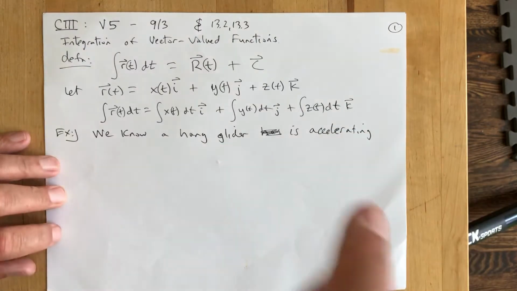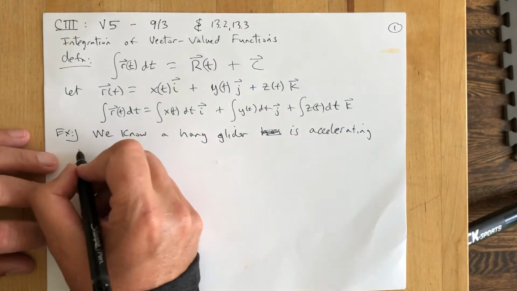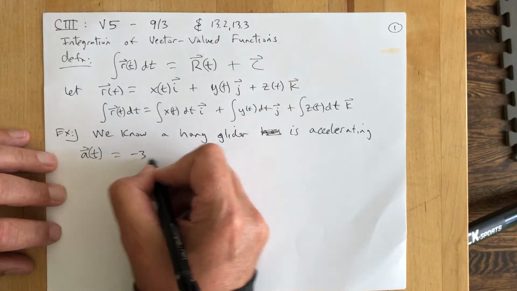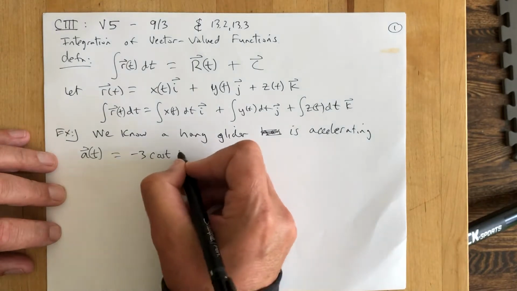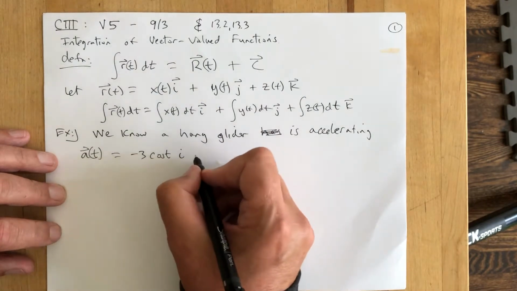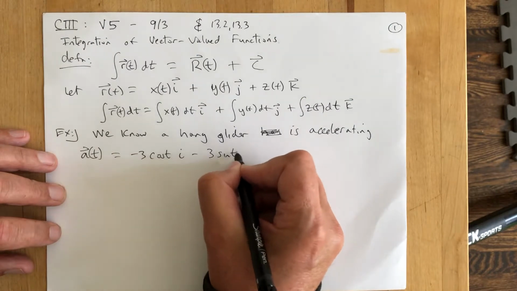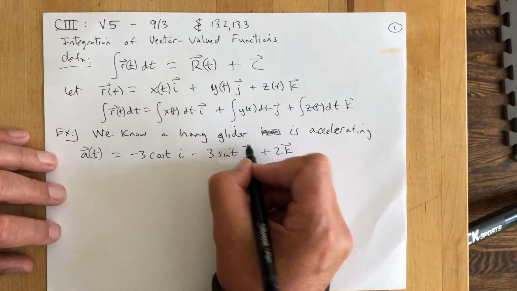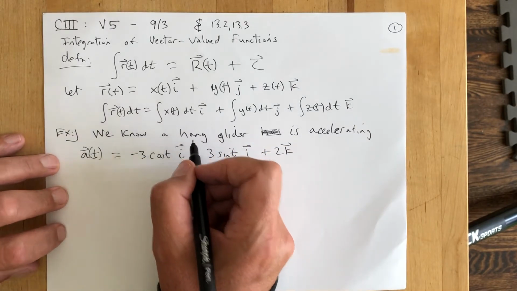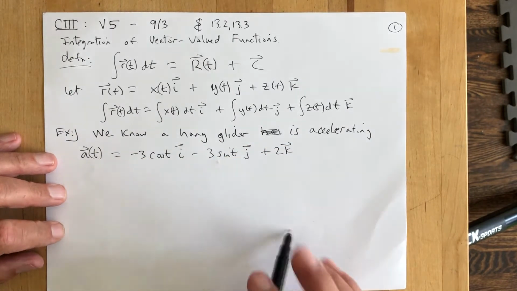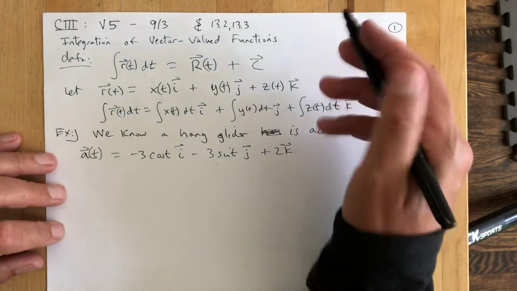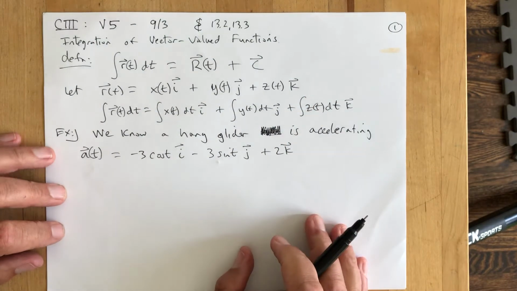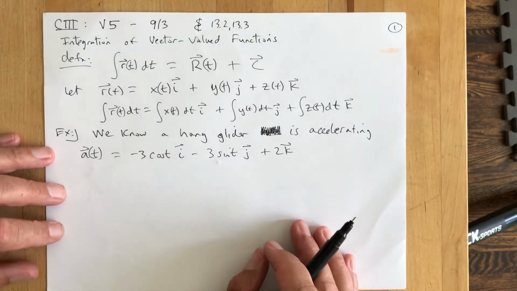This hang glider is flying around, accelerating at this function: minus 3 cosine t i minus 3 sine t j plus 2k. I don't know how we found this, but we did. We don't know its position function, but we know its acceleration. We have an accelerometer that measured it.